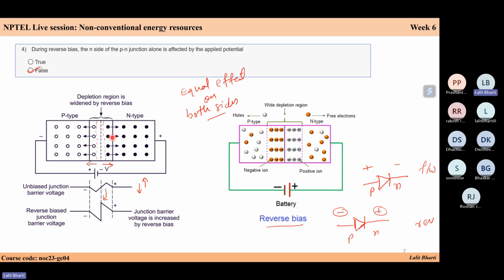But you cannot say that only your N side or only your P side will be affected. Both sides will be affected equally. Your charge region and depletion layer size or distance may be different, but your P side will also be affected. This statement is false.